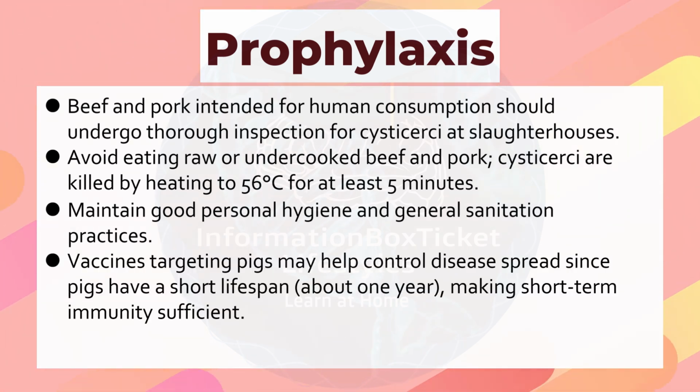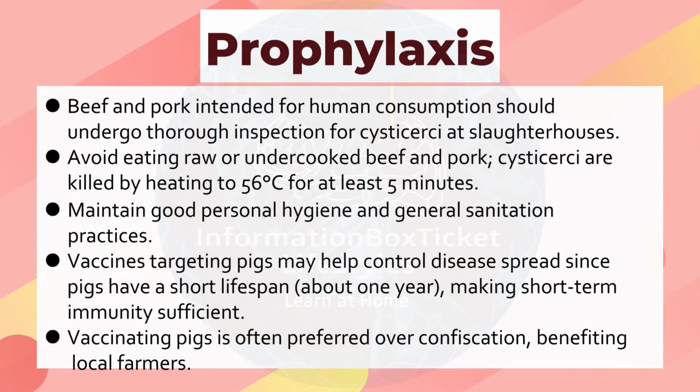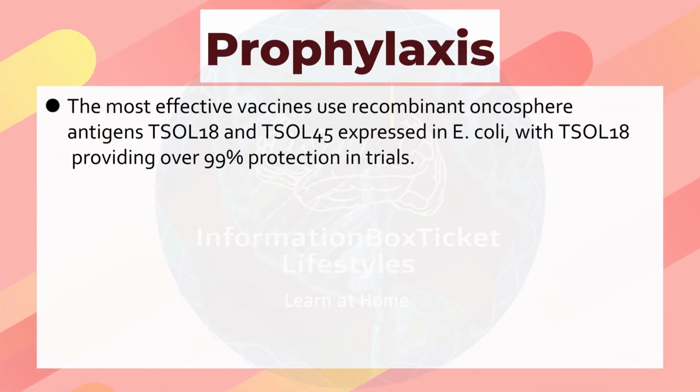Vaccines targeting pigs may help control disease spread, since pigs have a short lifespan, about 1 year, making short-term immunity sufficient. Vaccinating pigs is often preferred over confiscation, benefiting local farmers. The most effective vaccines use recombinant oncosphere antigens, TSOL18 and TSOL45, expressed in E. coli, with TSOL18 providing over 99% protection in trials.